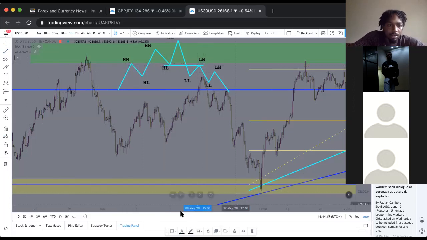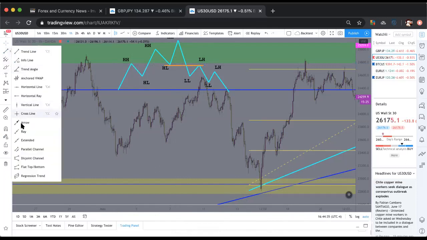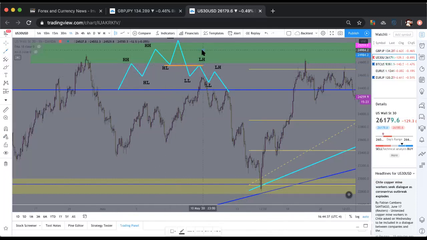Hold on. So that's our break of structure right there. Okay. So everybody's on the same page.